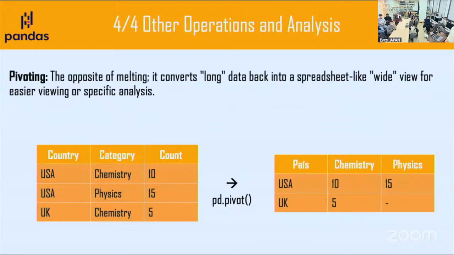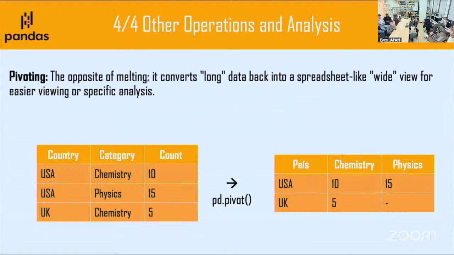And also we have the last interesting one, I will say, which is like the opposite of what we did. So we have pivot. So country, category, count. This is a little bit, you can say, oh, it's good, but you can group this and say, instead of that, put the chemistry and physics and the other things on top, right?